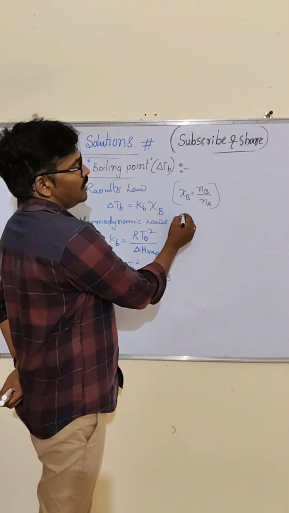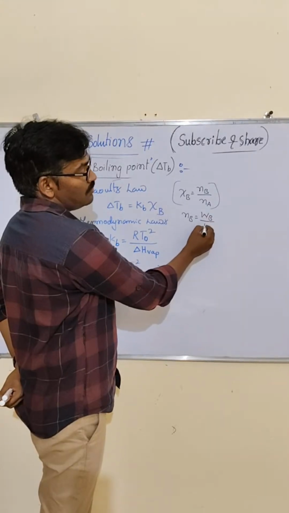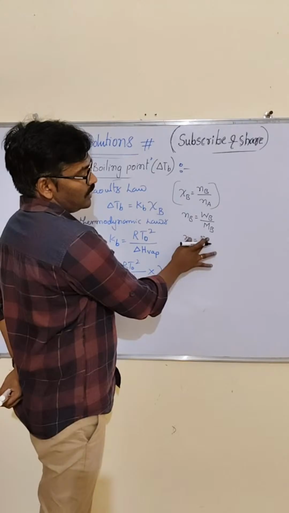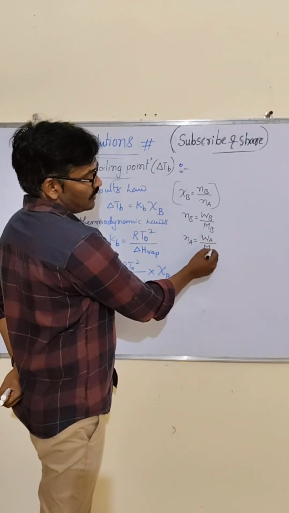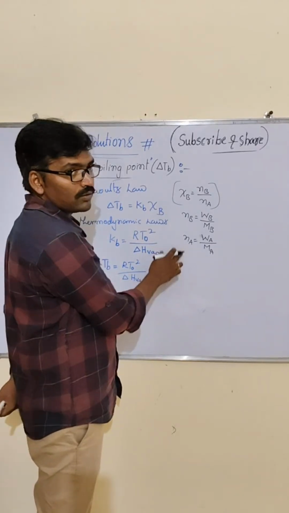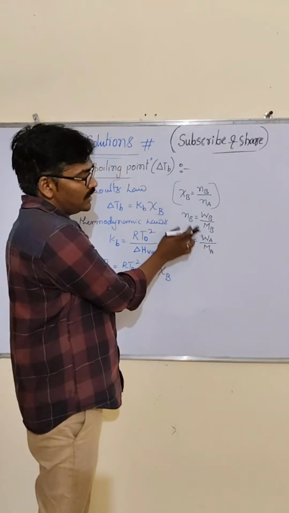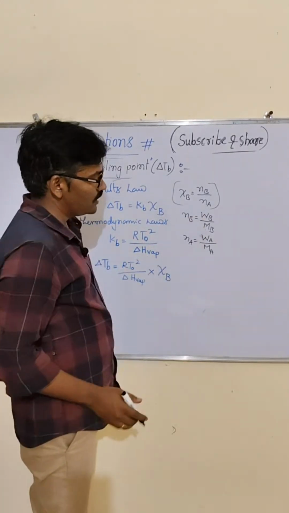So the number of moles of solute is Wb divided by Mb, and the number of moles of solvent is Wa divided by Ma: weight of solvent divided by molecular weight of solvent, and weight of solute divided by molecular weight of solute.